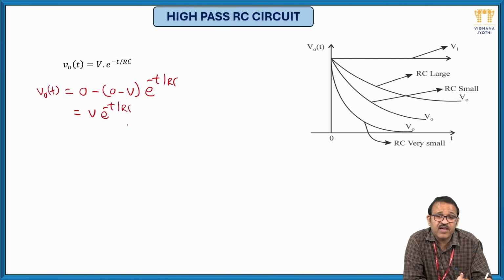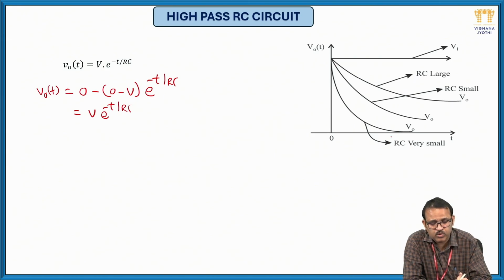And if the RC value is very small, the output falls very quickly towards zero. This is also in the form of an exponential. So this is the step response of the high pass RC circuit.